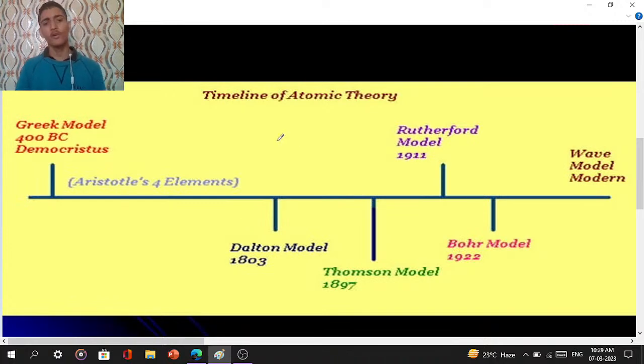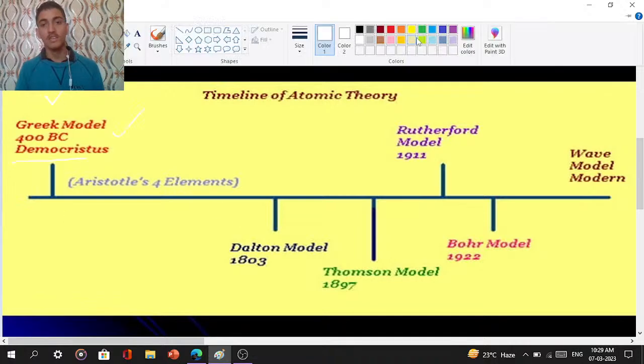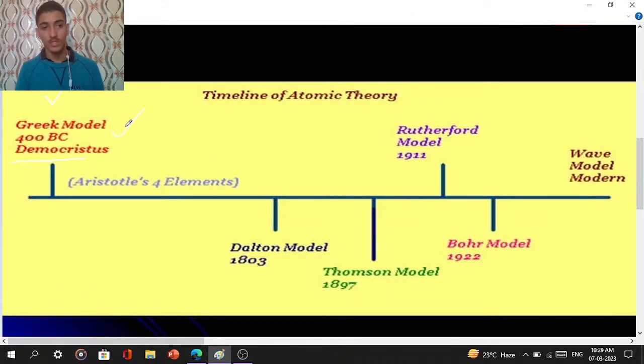Yesterday I told you regarding the timeline of atomic theory. In this timeline, I discussed the Greek models. I told you that firstly the initiative was taken up by the Greek scientists. After that, Dalton's model came up, then Thomson's model, Rutherford's. I told you Dalton's atomic theory.